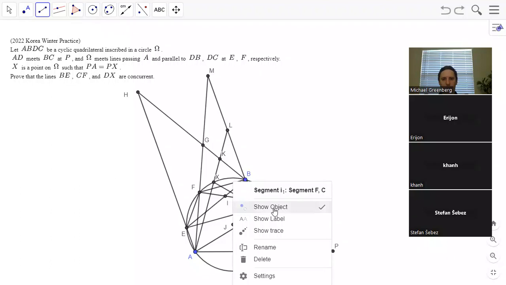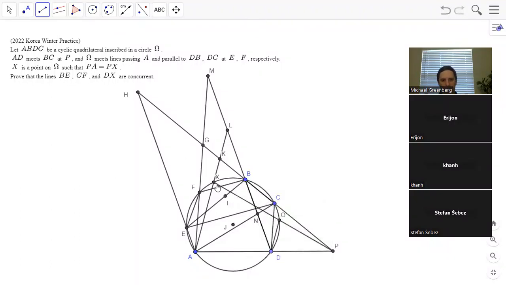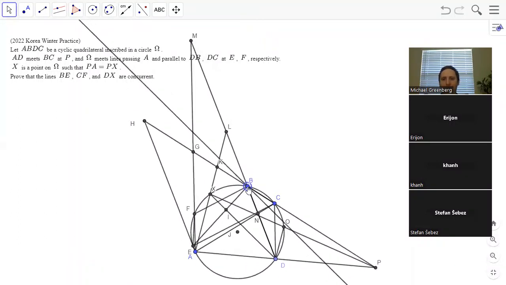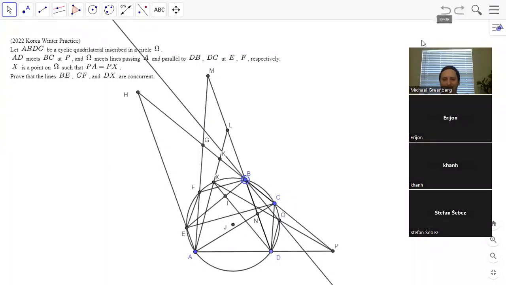Let me go back to trying that. But I don't have a parallel to DX, that's the problem. But maybe if BO is parallel to DX, I think there's a very good chance that the problem would be solved. And I think it is. Oh no, it's not. Man, I was so close there.